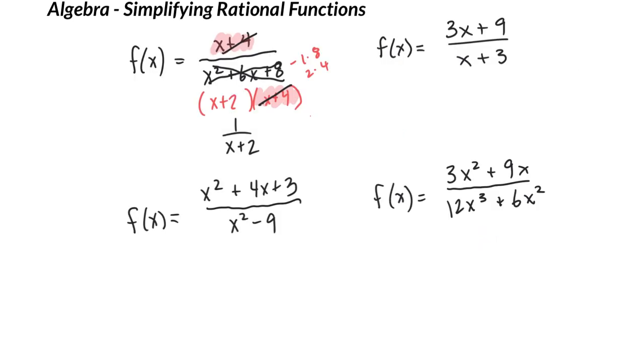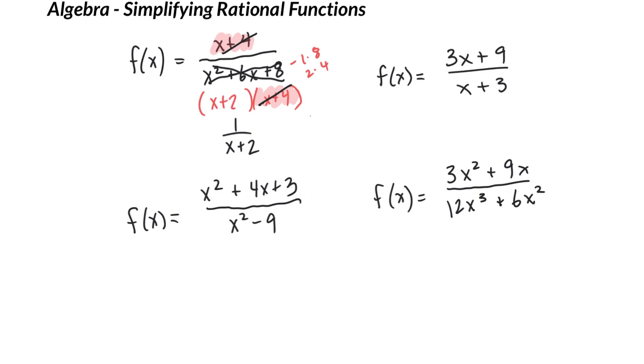Now this next example, the only thing I can immediately think that I might want to factor out is a 3 in the numerator. So if I divided a 3 out, it would leave me with x plus 3. You'll notice we have an x plus 3 in common, and dividing those out, that divides to 1, and all that's left is a 3.